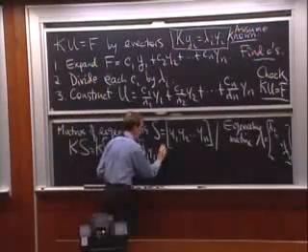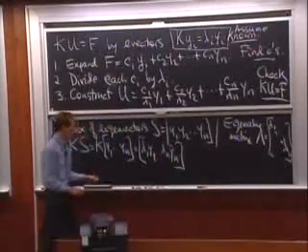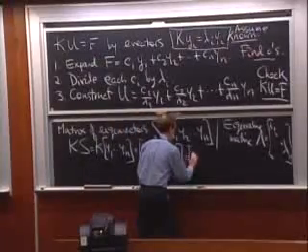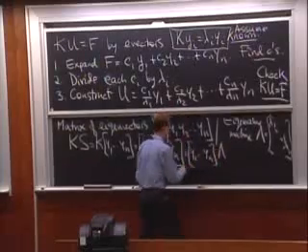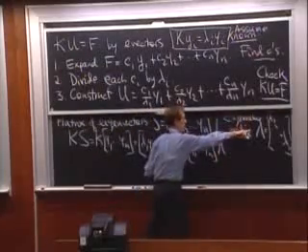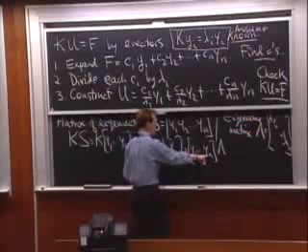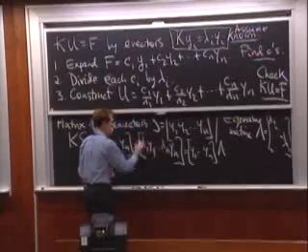K times yn is lambda n yn. And if I look to see what this is the same as, it's y1 to yn multiplied by lambda. If I just multiply on the right by lambda, it will take lambda 1 times the first column, lambda 2 times the second, lambda n times the last, which is what we want.